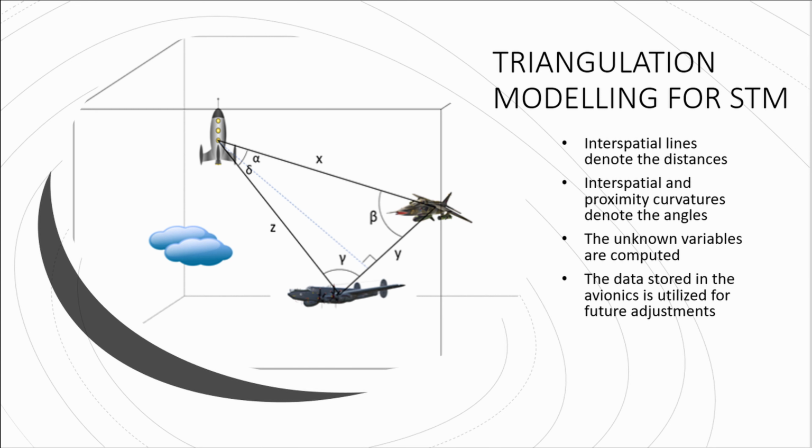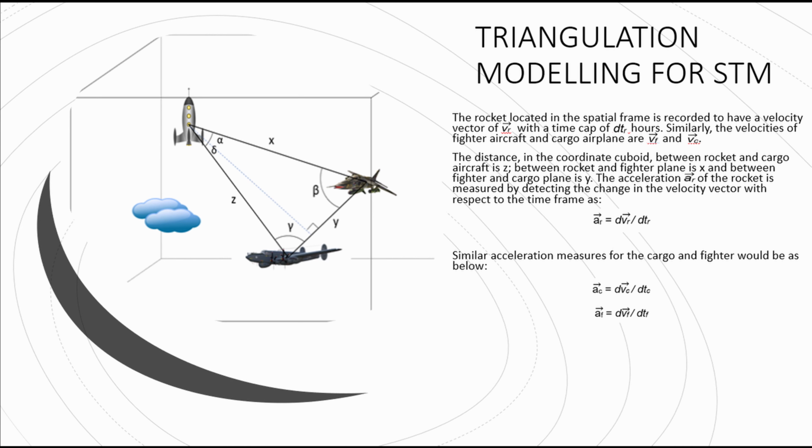Here is a brief mathematics. So basically the rocket located in the spatial frame is recorded to have a velocity vector of Vr with a time of Tr. Similarly, the velocities for the fighter aircraft and cargo airplane are Vf and Vc.